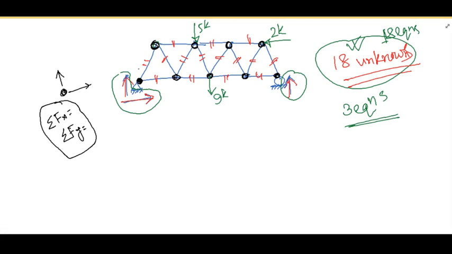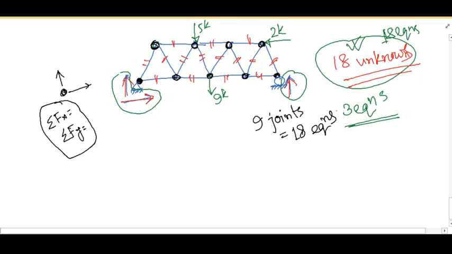Obviously that will cover your solution for this particular truss, and that will make it easier for solving the truss. So how many joints are there? 1, 2, 3, 4, 5, 6, 7, 8, 9. So 9 joints will give you how many? 18 equations as well. So 18 equations plus 3 equations, there will be 21 equations.